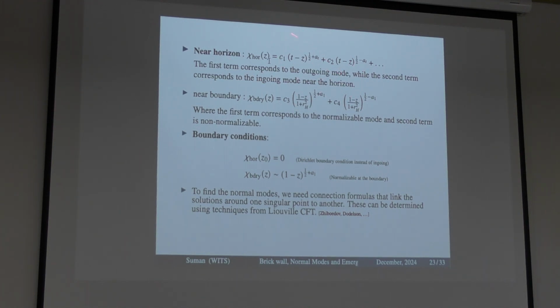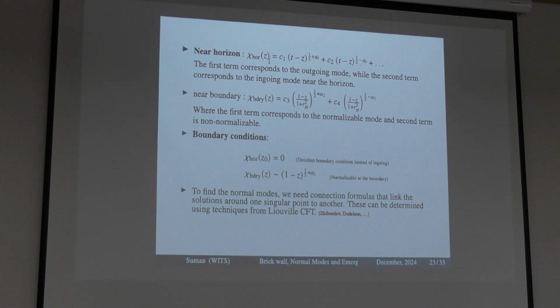The first one is outgoing, the second one is ingoing, and this is the near boundary behavior of the solution. The first one is normalizable, the second one is non-normalizable. So the equal boundary condition is that at the boundary it's normalizable, and near the horizon, at some location z equal to z naught, it's 0.